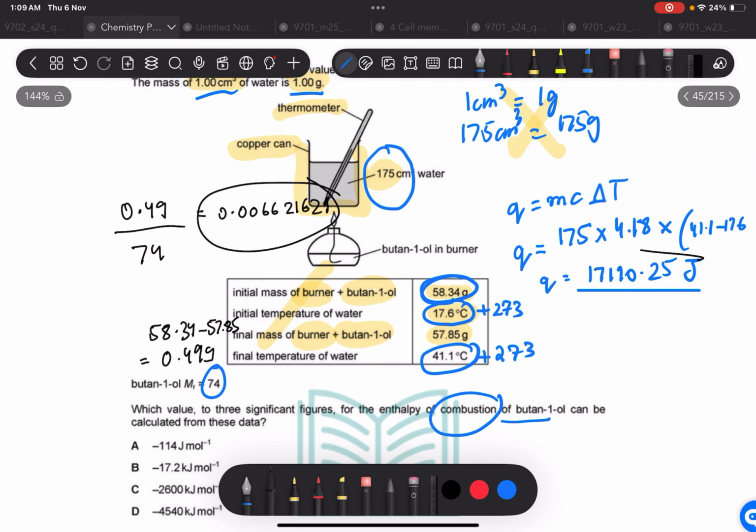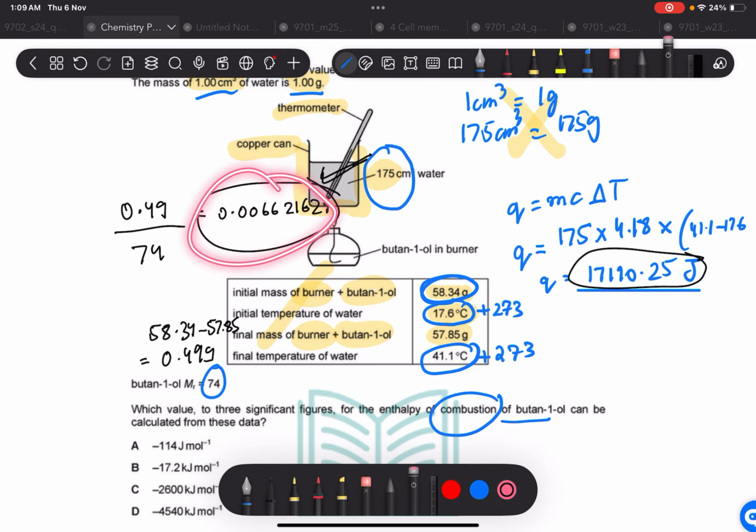Now I divide my enthalpy change with my number of moles. Why? Because I need the enthalpy of combustion of 1 mole. This is for these many moles, so I divided the enthalpy by the number of moles, so I get for 1 mole. So this divided by 0.00662162. I hope that I remember it.